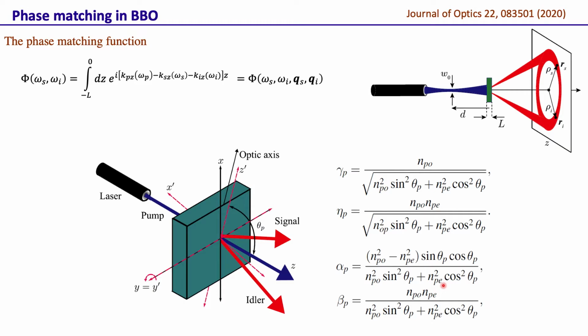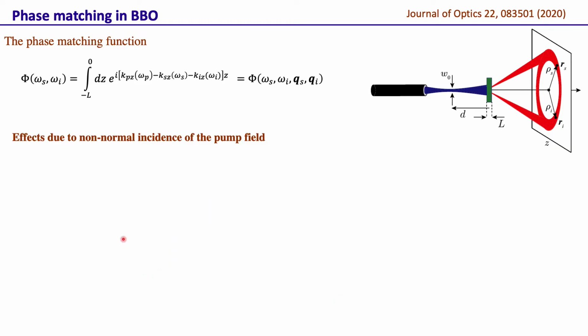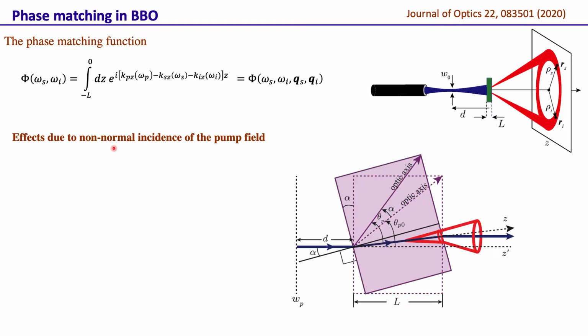Okay, so with that, we can also look at one other effect on how it affects the down conversion. That is the effect of non-normal incidence of the pump field. This is pretty much the same as changing theta p, and that's how it works.